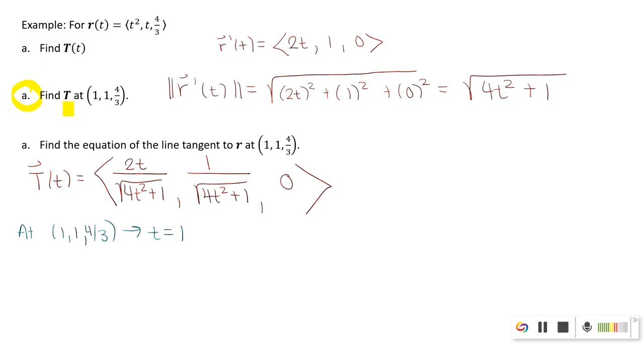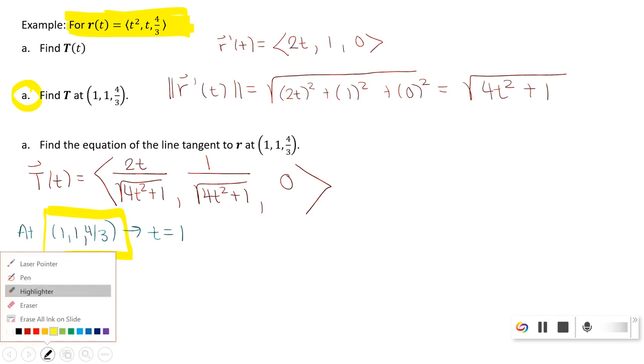So if we want to find our unit tangent vector at the point 1, 1, 4/3, they're just asking us to find this vector at a specific time. If I take a look at my original vector function, what t value gives me the point 1, 1, 4/3?